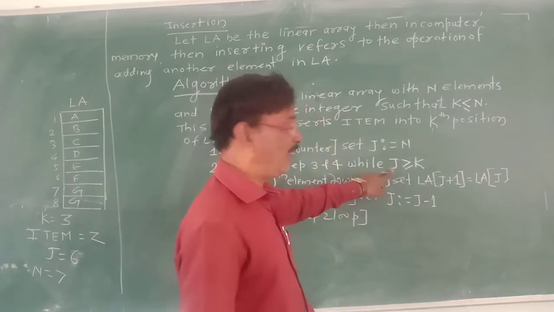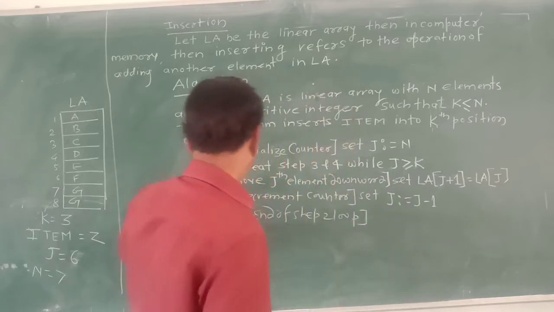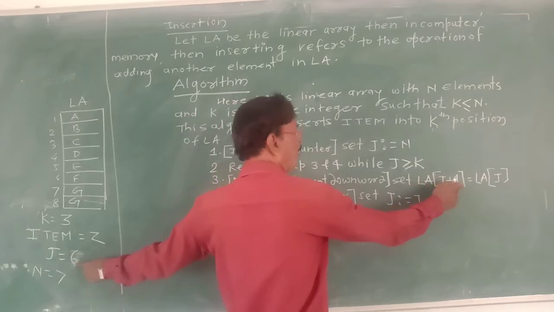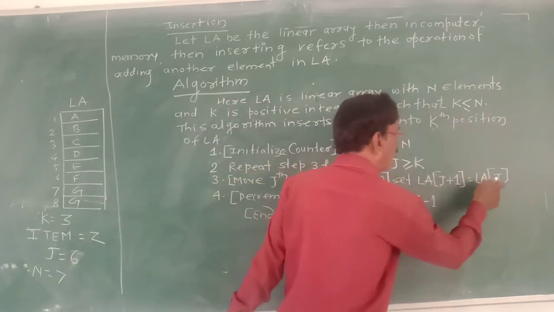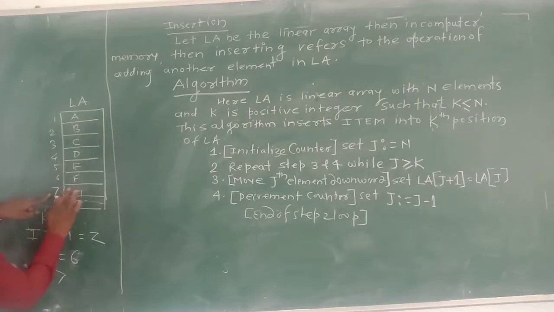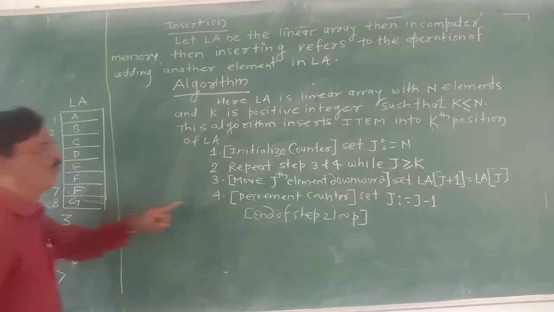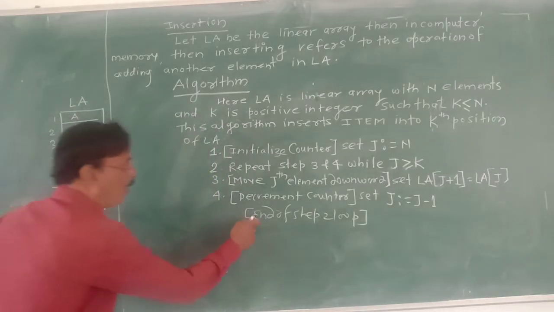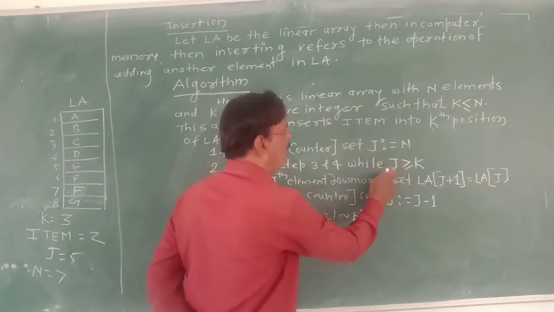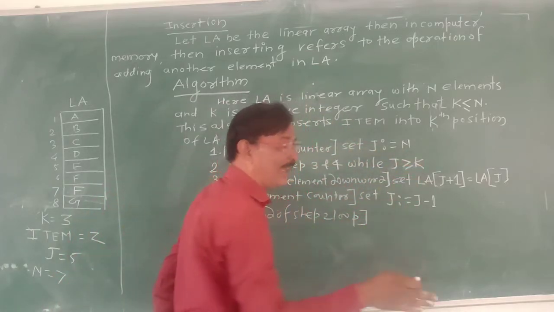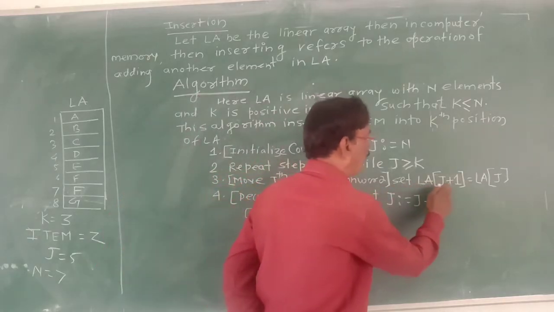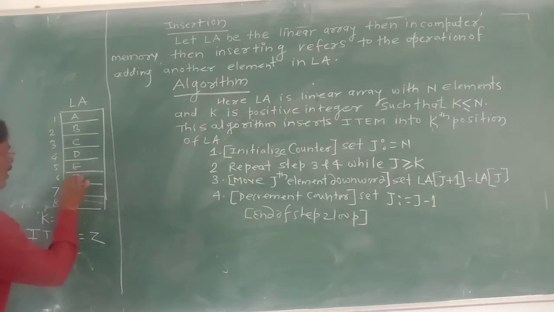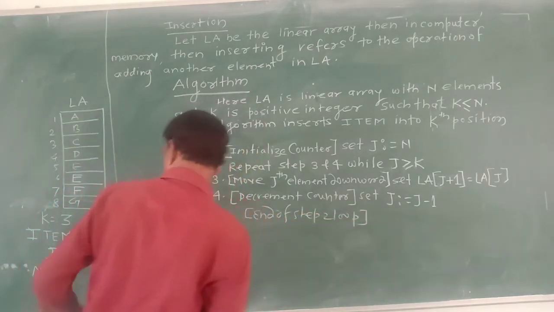LA[7] should be LA[6], J becomes 5, end of the step 2 loop, go upside: J is 5, greater than K which is 3, so LA[6] is LA[5].